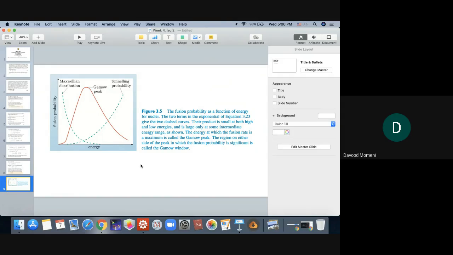We use the Maxwell-Boltzmann distribution for the speed as a good approximation for many astrophysical applications. And then you remember that to calculate sigma v, we cannot take sigma as a constant. So the trick was that you write the integral in terms of the energy, and then you consider the information we had before about the fusion cross section versus the energy. And then we showed that the important contribution comes from the peak.